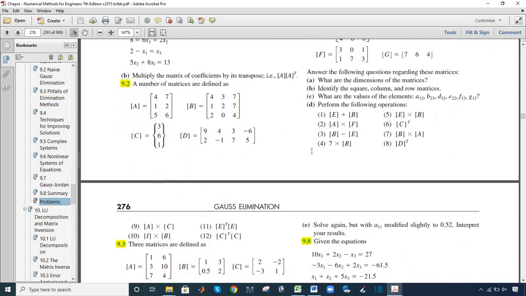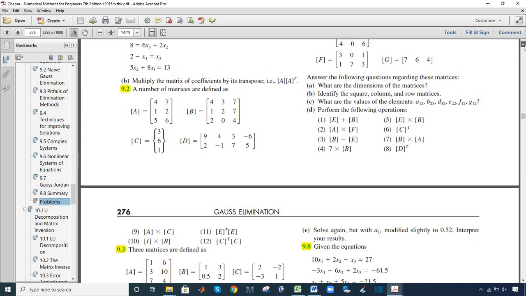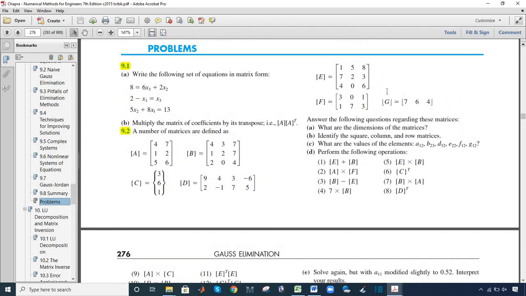So you have to solve accordingly. First one is, what are the dimensions of the matrices? You know that dimensions of matrices means number of rows multiplied by number of columns.